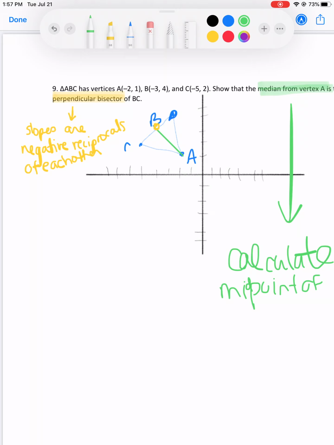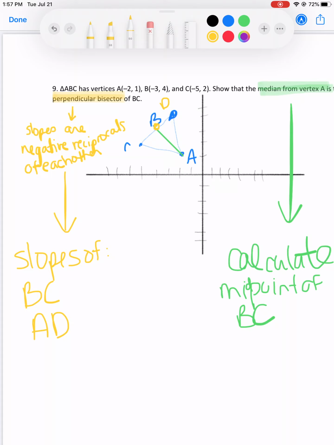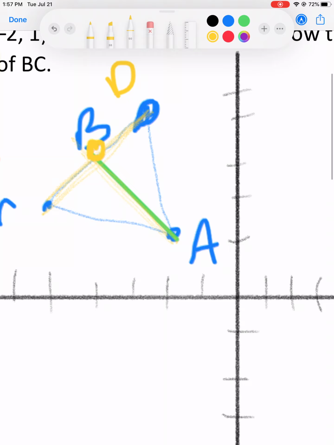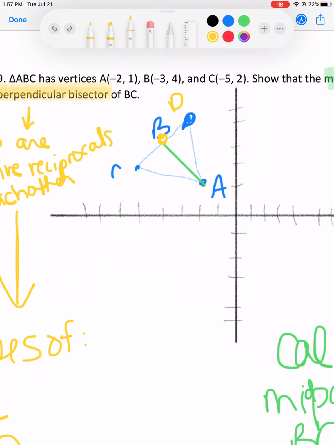And then here, that means we have to calculate the slopes of BC, and then A, and let's call the new point D. So we have to see what the midpoint is, and then we have to calculate the slopes of this line and this line, to see if they are negative reciprocals of each other, and if they're not, then it's not a perpendicular bisector.